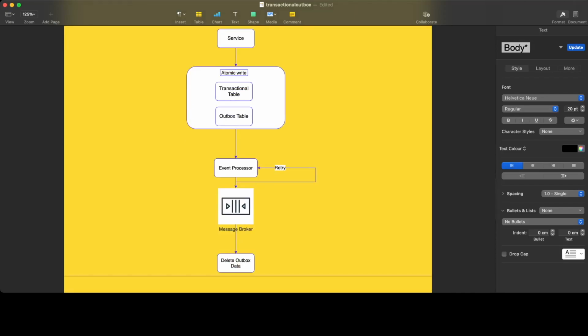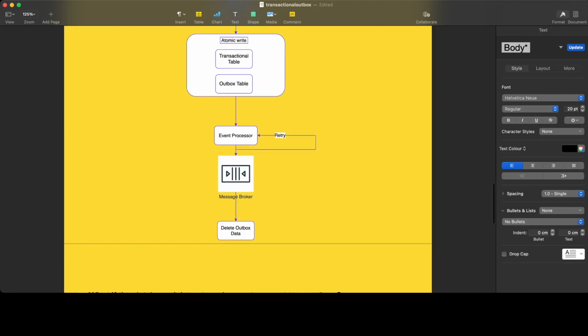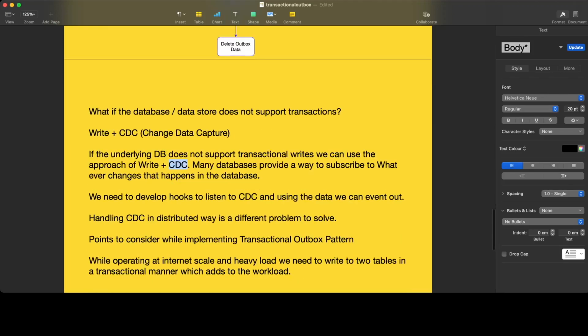There is another way. Kafka Connect can be used with a transactional outbox pattern, where Kafka Connect underneath uses CDC. So CDC can also be tweaked into the transactional outbox pattern if we want to.